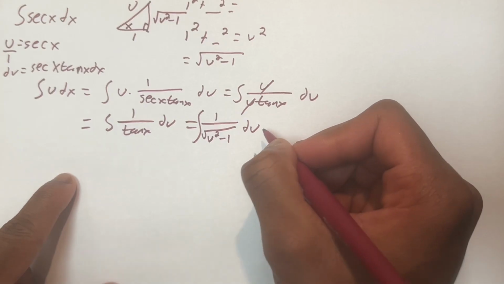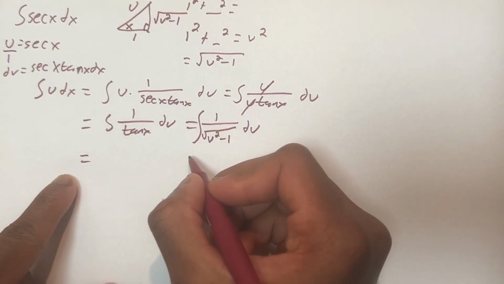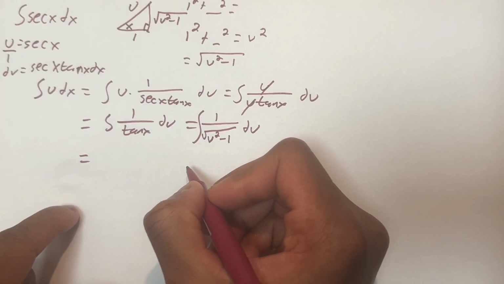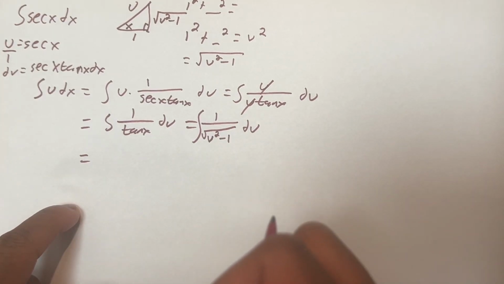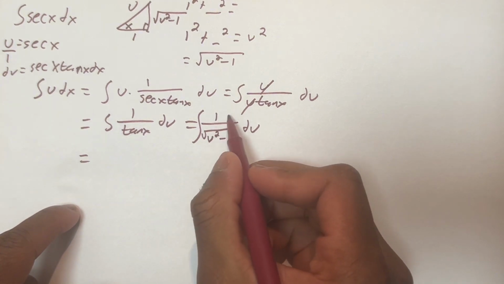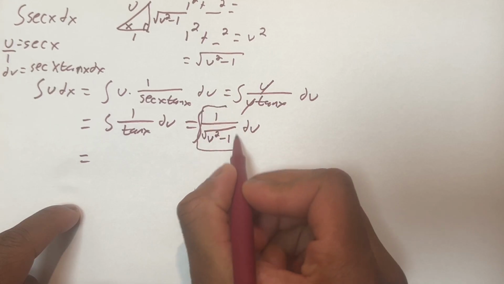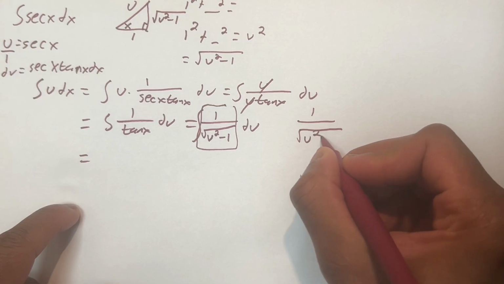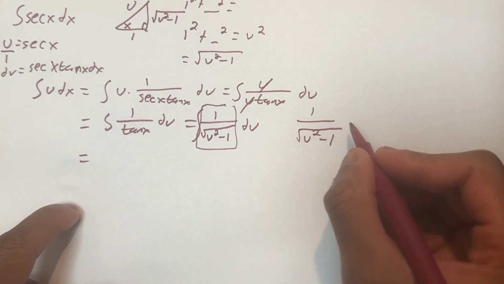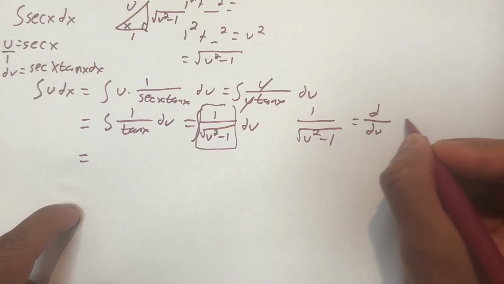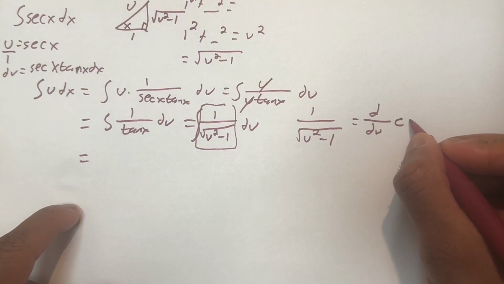Now, if we remember our inverse hyperbolic trig functions, we'd know that this expression, 1 over square root of u squared minus 1, is the derivative of the inverse hyperbolic cosine.